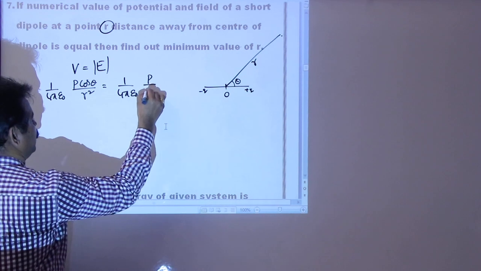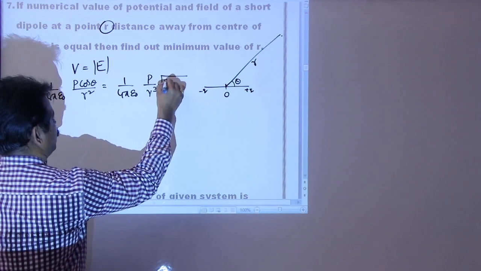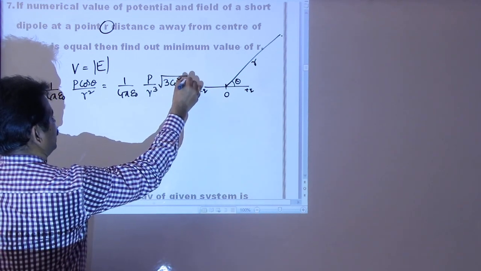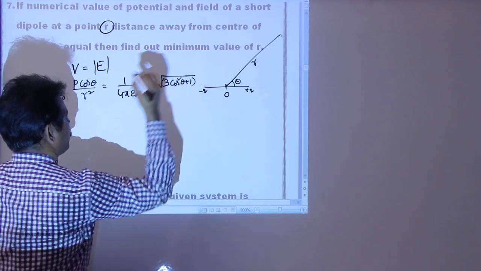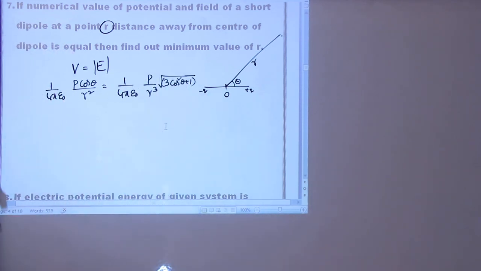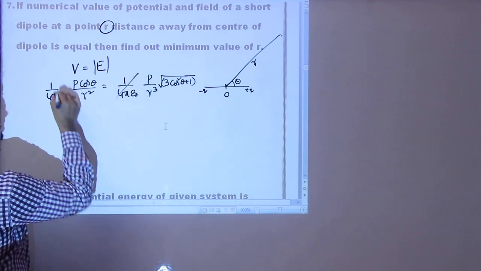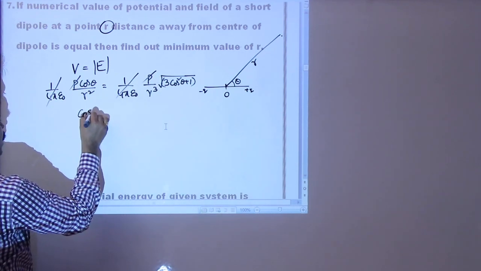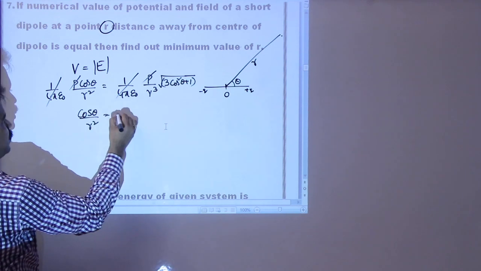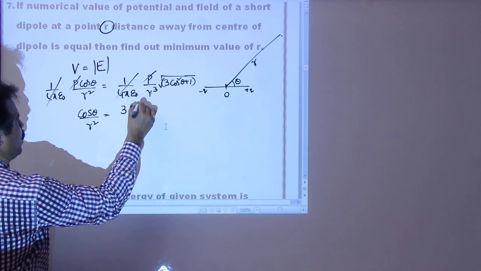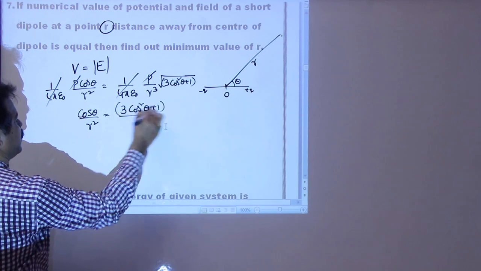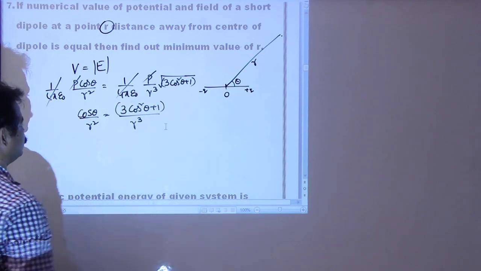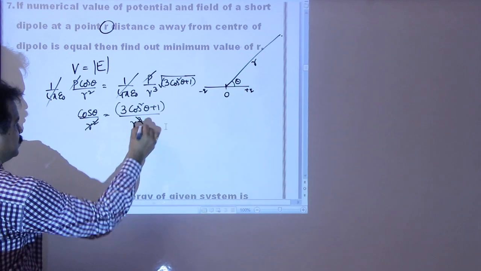So here it will be 1 by 4 pi epsilon naught P by r cube root over 3 cos square theta plus 1. So this is the expression. Now numerically they are equal means first you can cancel this, then this, then this and this. So now we have cos theta by r square is equal to root over 3 cos square theta plus 1 by r cube.